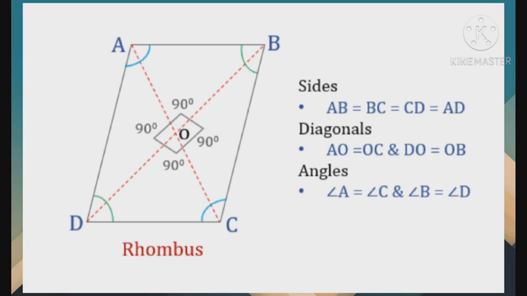That means diagonals perpendicular bisect each other. And angle A is equal to angle C, angle B is equal to angle D. That means opposite angles are equal. Okay, so in a rhombus all four sides are equal, opposite angles are equal, diagonals perpendicular bisect each other.